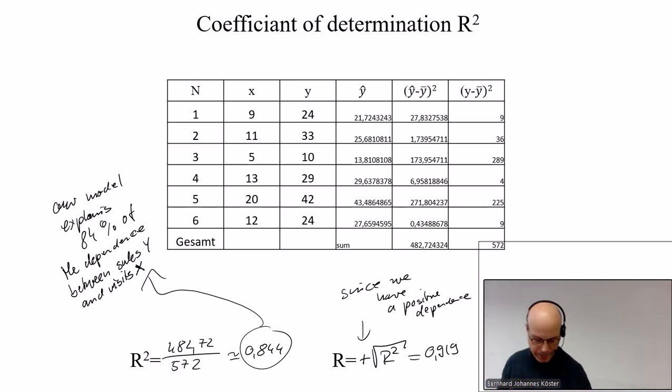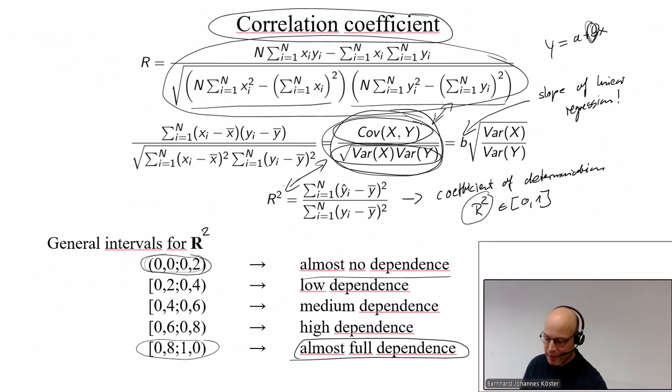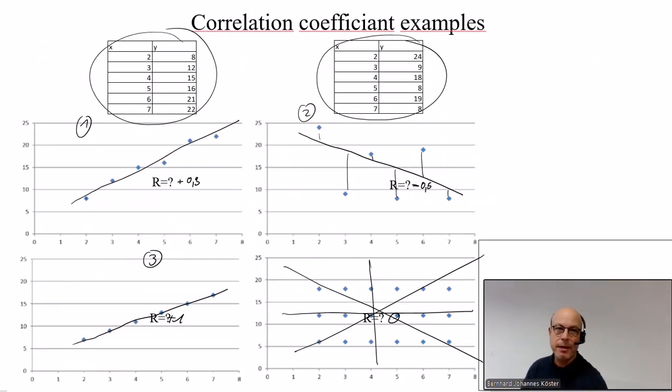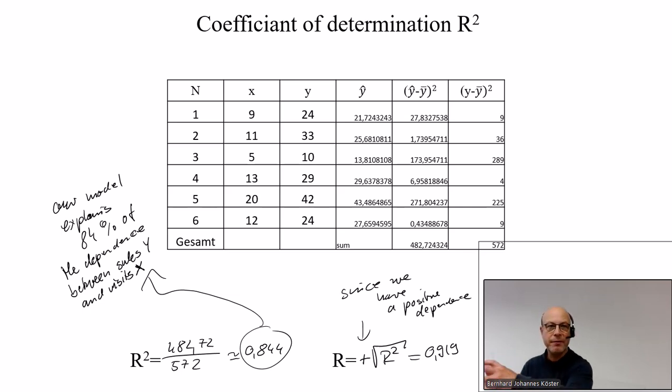Well, and this is what I meant here. Although I formulated almost no, low dependence, medium, high, almost full dependence, it's in the end then your decision or what you interpret as meaningful. Because now, after doing all our calculation, we have the dependence that we found a parameter, a slope of 2. So increasing the number of visits by 1 means 2 additional euros.